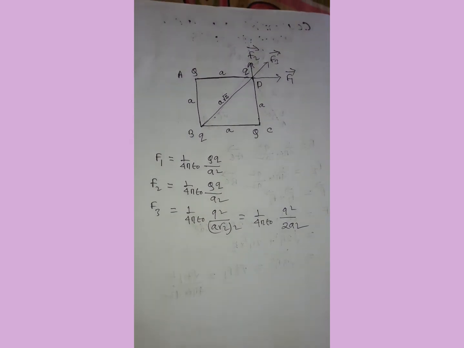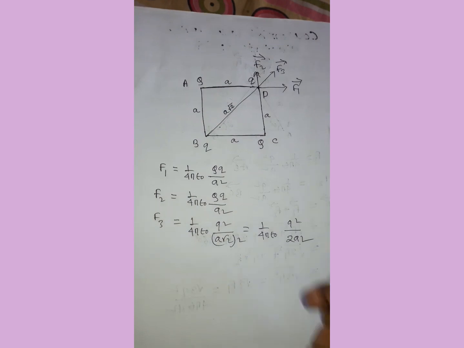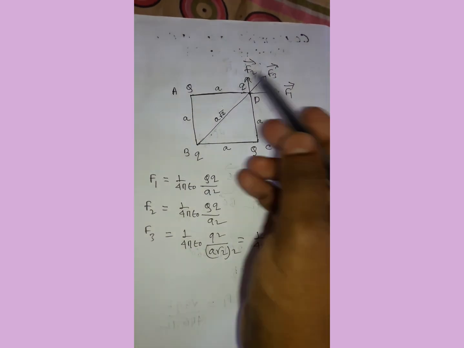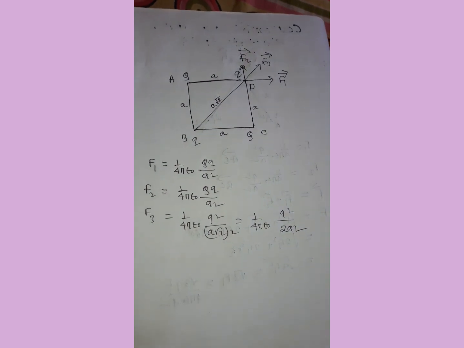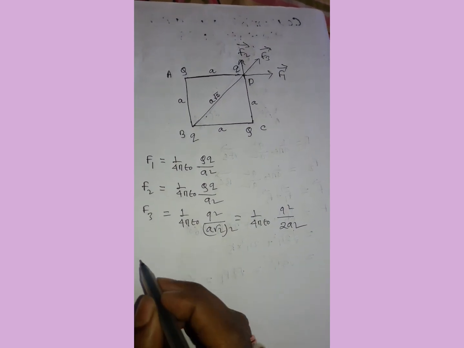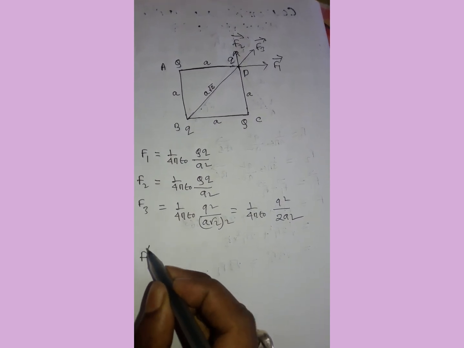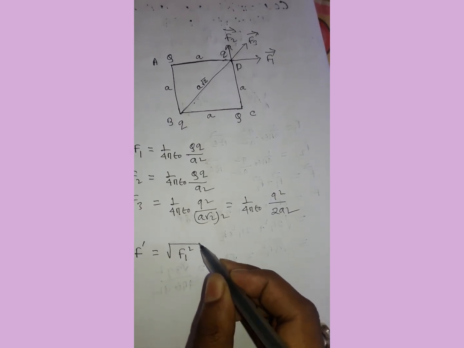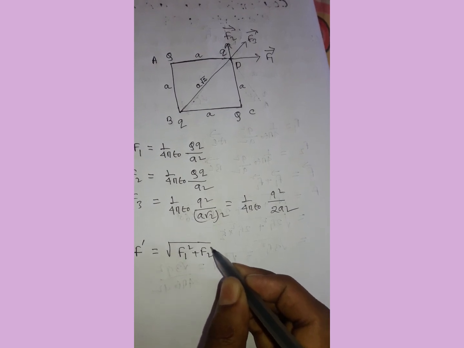Now we see that the forces F1 and F2 are perpendicular to each other. Then the resultant force of F1 and F2 is given by F dash equal to under root F1 square plus F2 square.